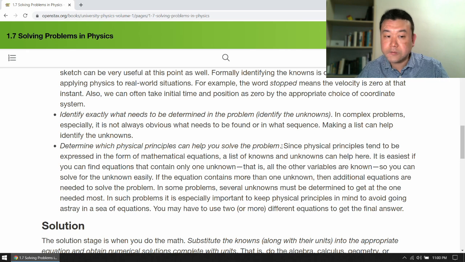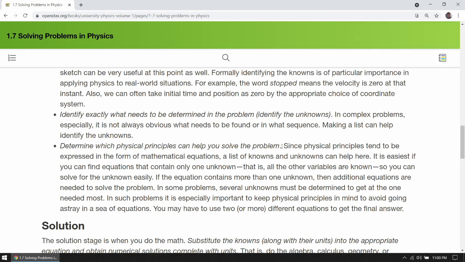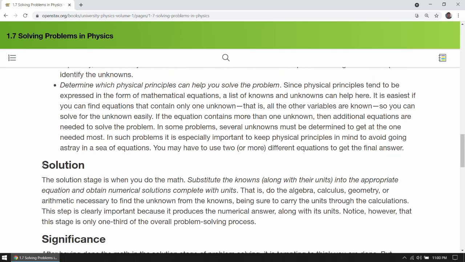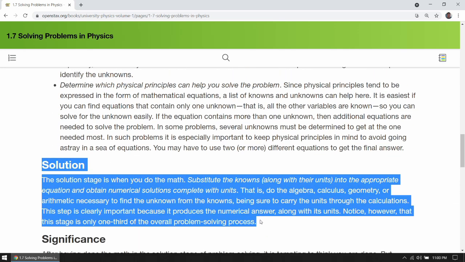But even as we are about to, in a couple of weeks, introduce the more specific steps of physics problem solving, I want to highlight that there's a very general approach to problem solving. You can see it in this section. When it gets to the solution, they actually describe it in one paragraph.